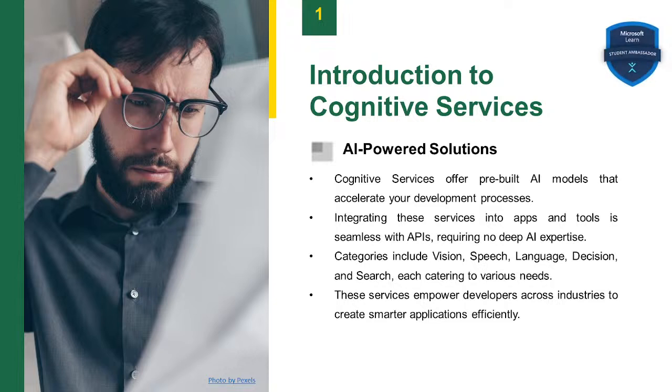These services are categorized into five main areas: vision, speech, language, decision, and search. Each category provides specialized functionality that addresses different business needs, from analyzing images to real-time language translation.